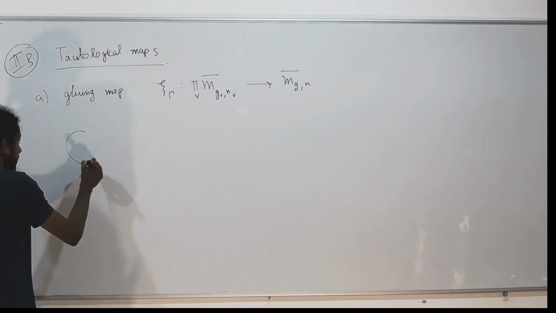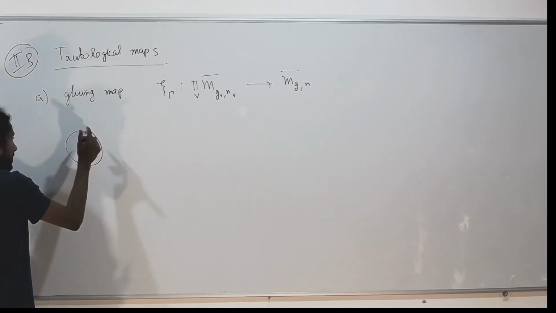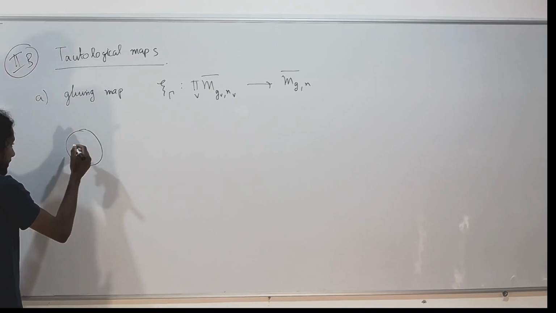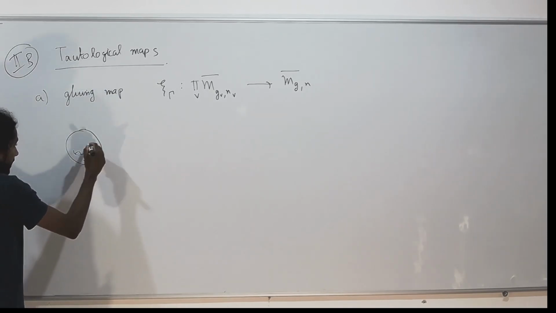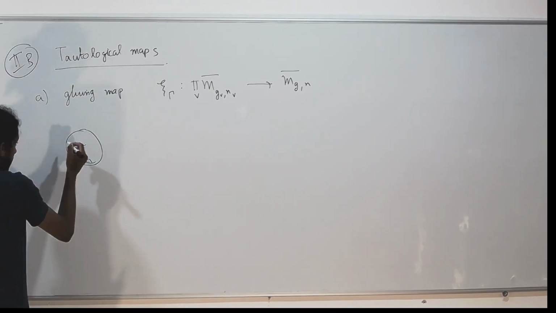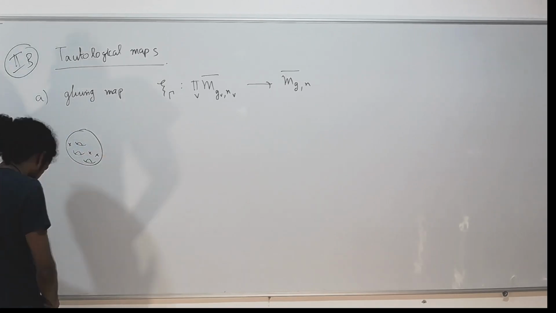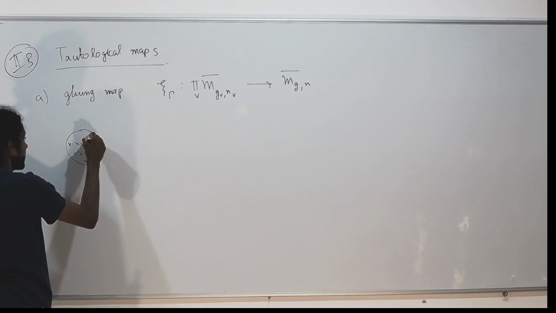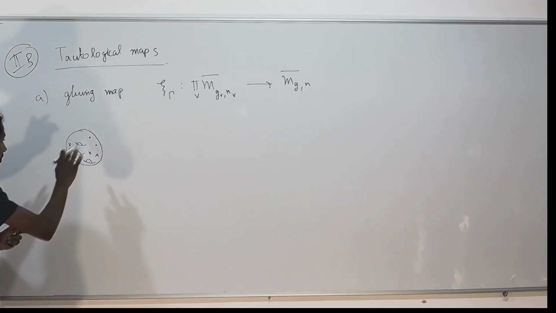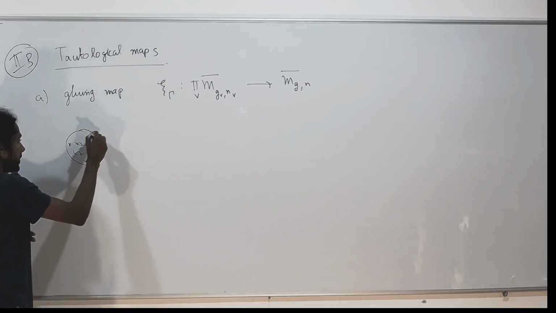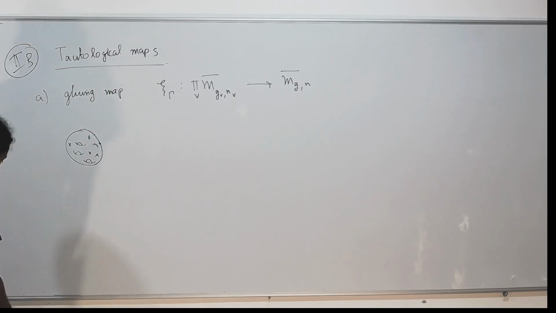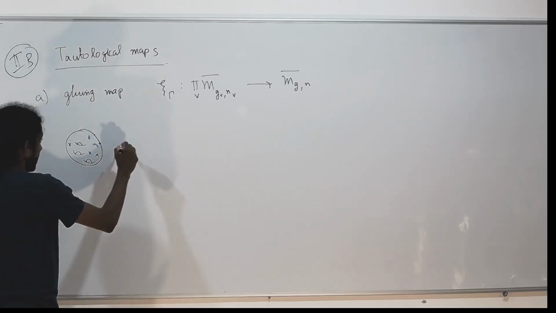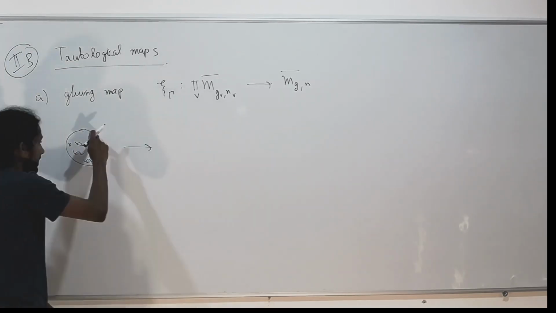Let's see what some of these look like. For example, take a curve of genus g with some marked points and some points that you remember. Let me put them here. One of these gluing maps would take it and glue these 2 points together.